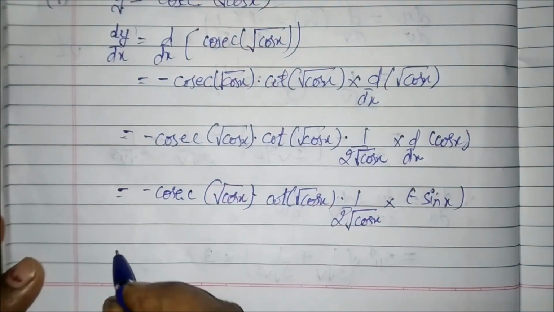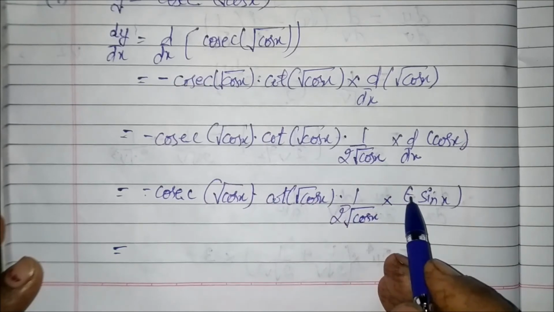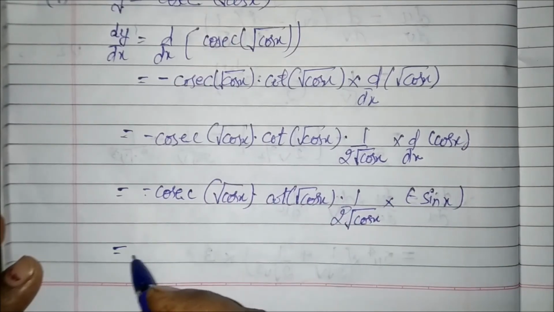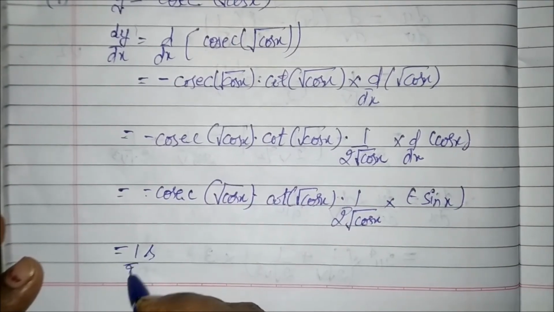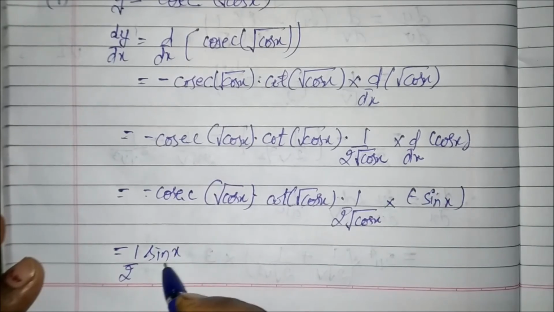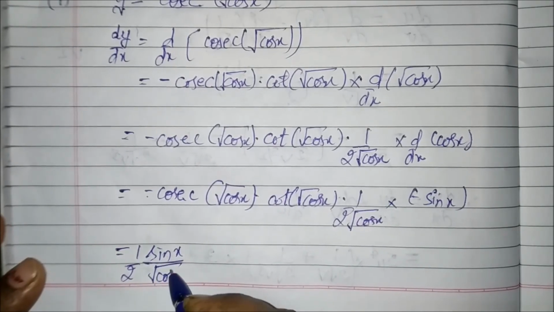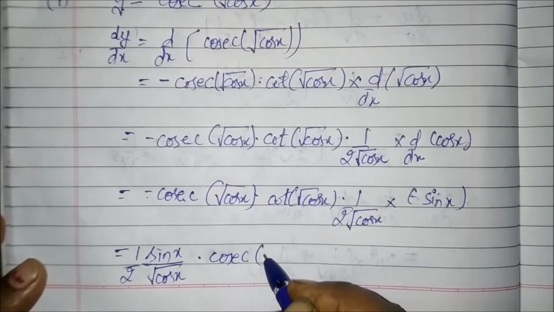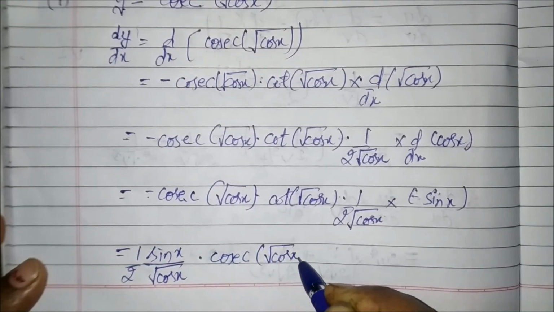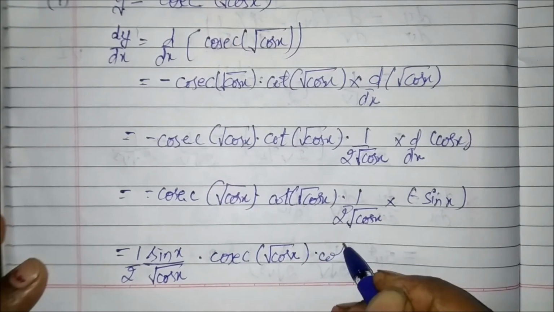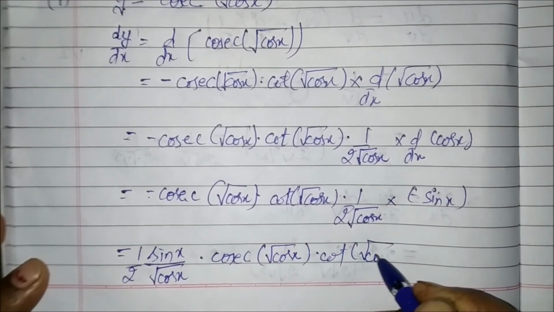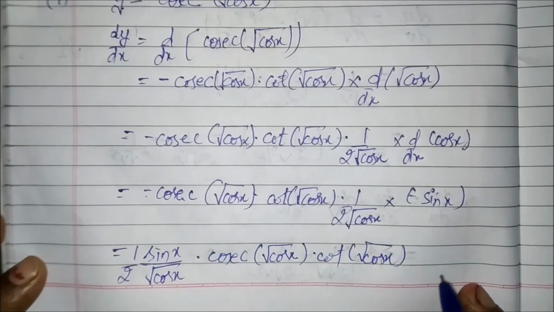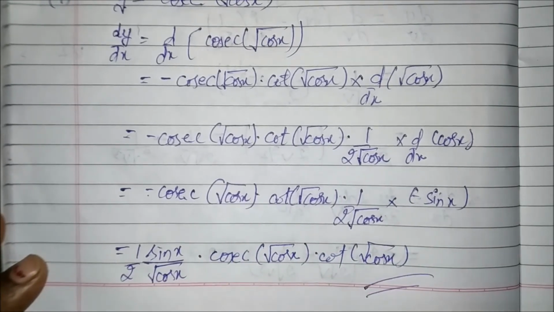Now simplify this, minus and minus become plus, 1 upon 2 sin x upon root cos x into cosec of root cos x into cot of root cos x. Okay, this is the answer. Clear?